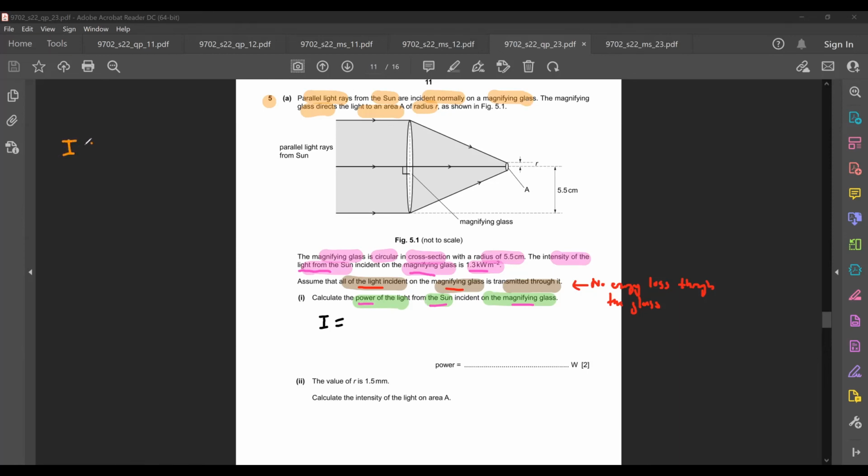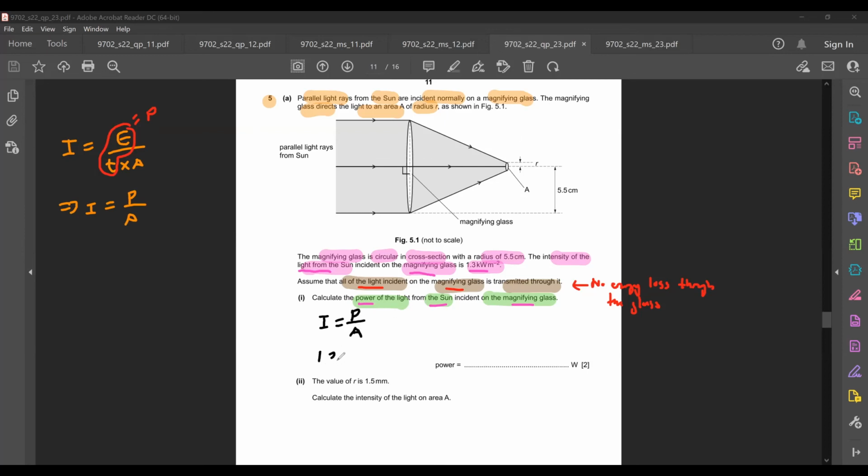Last time I told you is energy per unit time per unit area, right? But if let's just say you group these two together, if you group energy over time together, this one is actually power, right? So you could have actually said that intensity is actually power per unit area. So I'm making use of the second definition here. So this one is power over area.